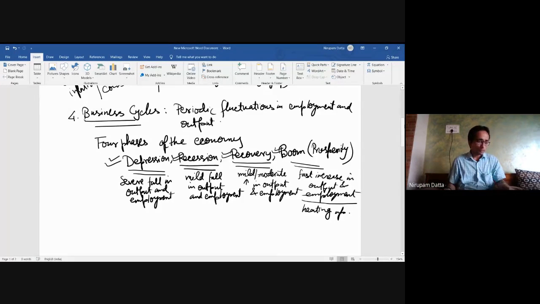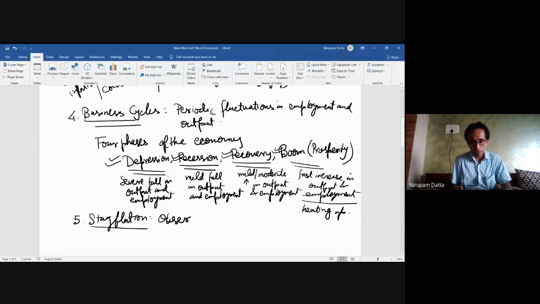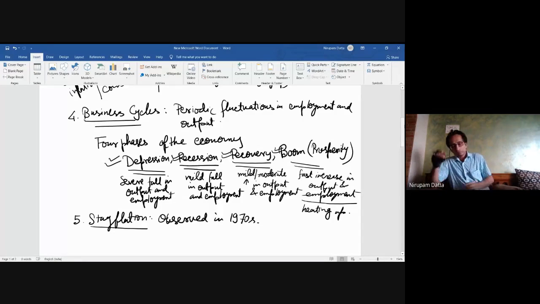So this is one of them. Next comes one more issue, stagflation. So stagflation was an issue which was observed for the first time in a systematic manner in the 1970s. So what happened in case of this stagflation?